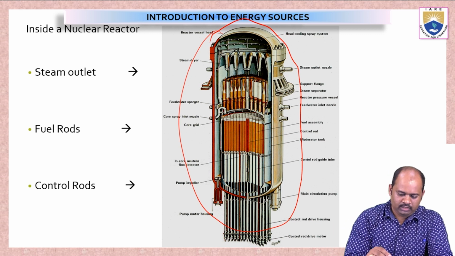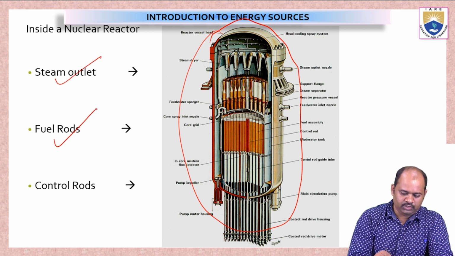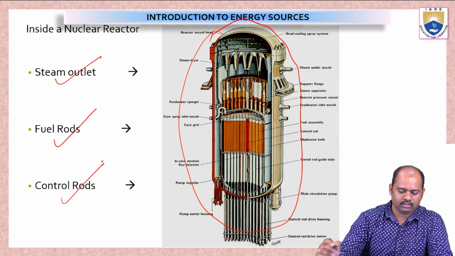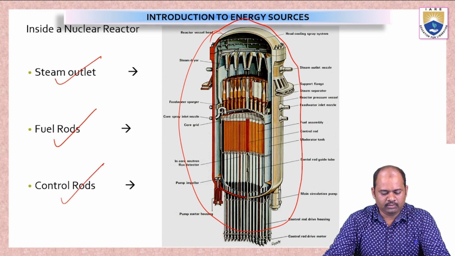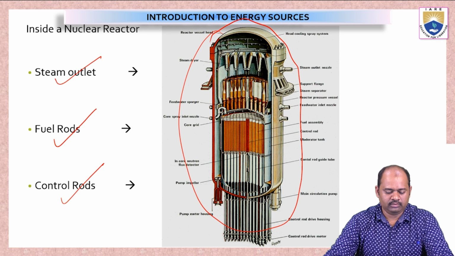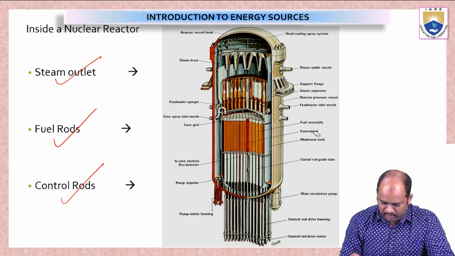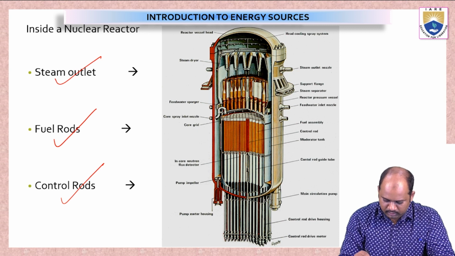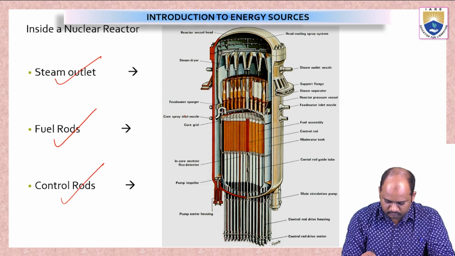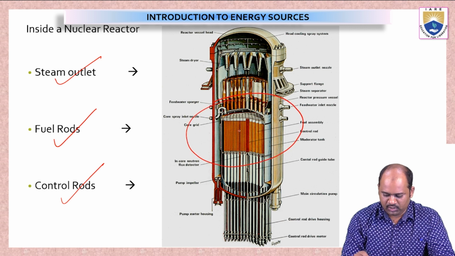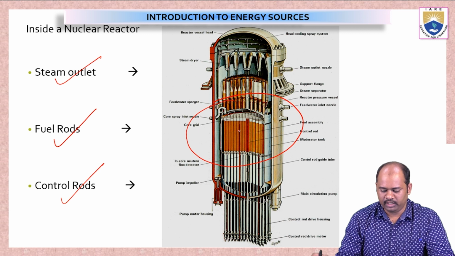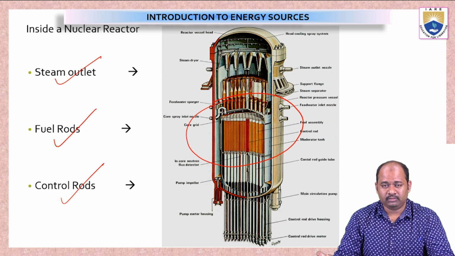See here, there are three main components of this nuclear reactor: steam outlet, fuel rods, and control rods. If you look carefully at this diagram, this yellow part is called the core grid. This is where the fuel is fed.